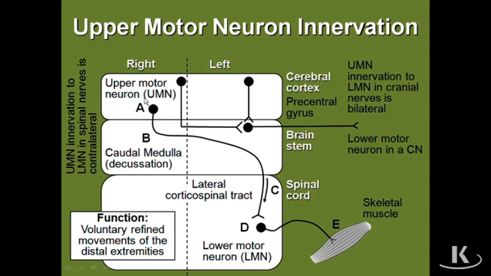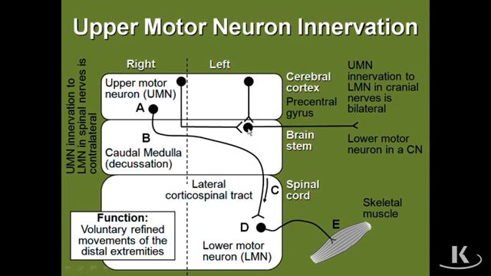But note the difference in cranial nerve lower motor neurons. Instead of getting a contralateral upper motor neuron innervation, they're predominantly getting a bilateral corticobulbar drive. So as indicated on the picture, each lower motor neuron in a cranial nerve is being driven simultaneously by an upper motor neuron that has a cell body either in the right motor cortex or the left motor cortex. But of course there's an exception.